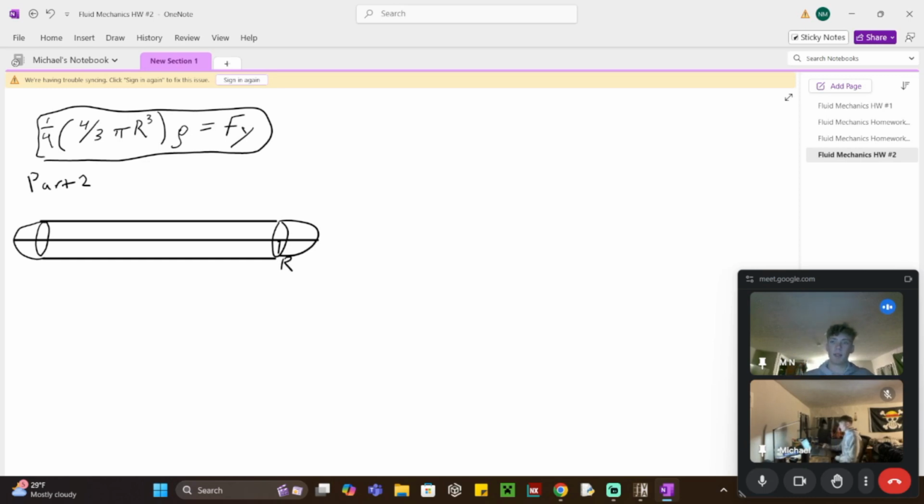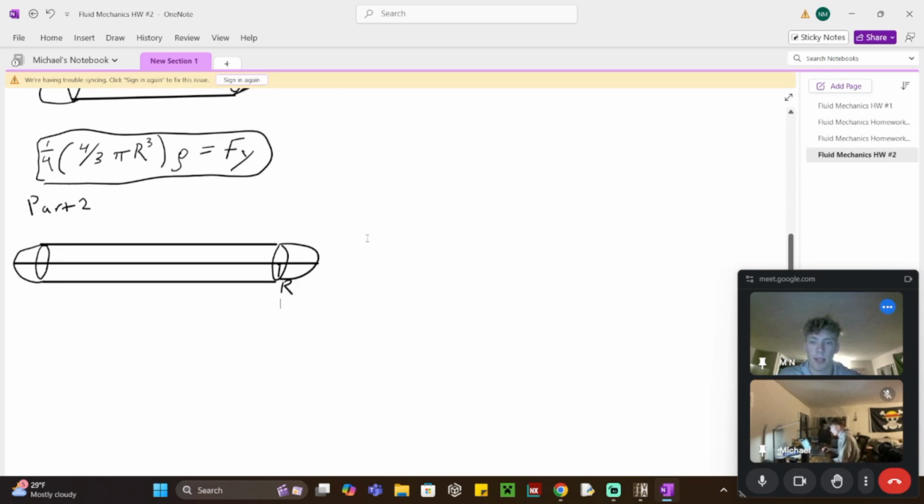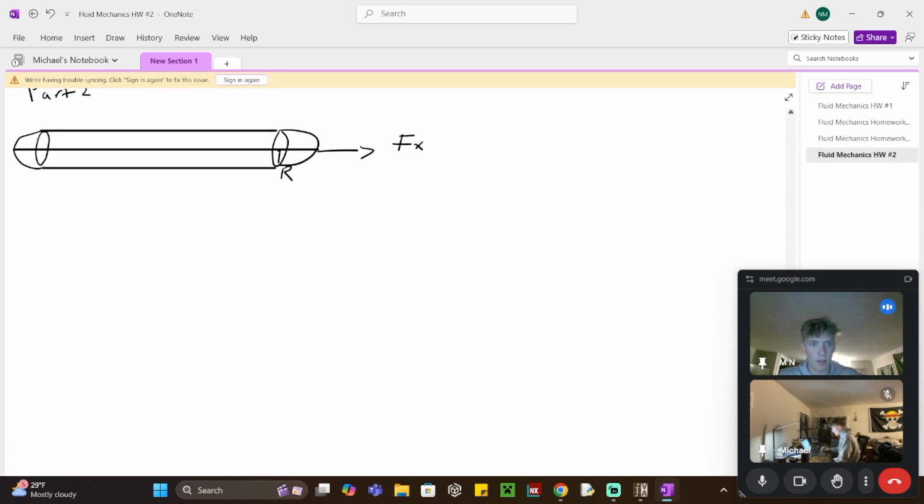And what part 2 is asking us to do is derive an expression for the horizontal force of the spherical end cap. So we're trying to find this force, and we're going to call that Fx. The way we're going to do that is we're going to use an integral to add up all the horizontal pressure forces acting on our spherical end cap.